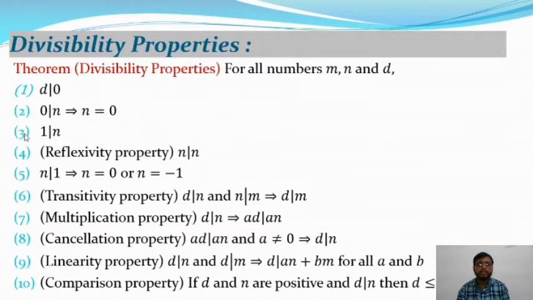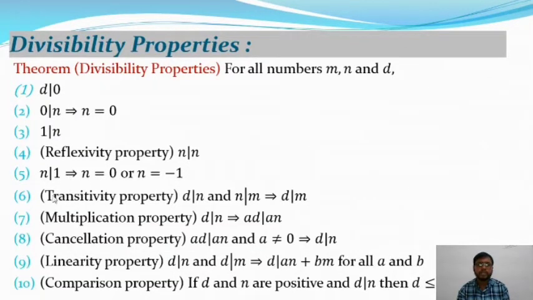And the third property is 1 divides n. The fourth property is called the reflexivity property, and that means n divides n. And the fifth property: n divides 1 implies n is equal to 1 or n is equal to minus 1.